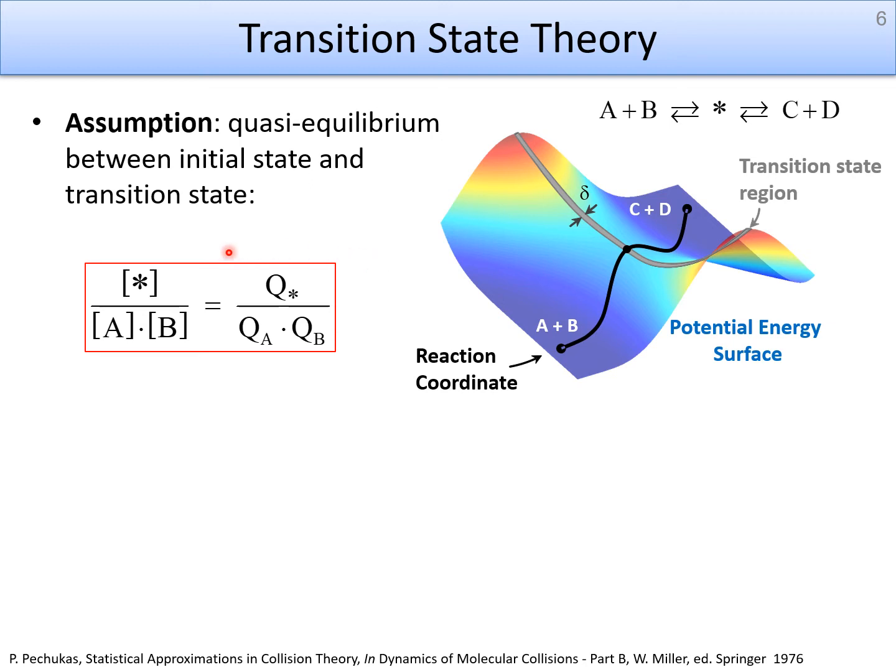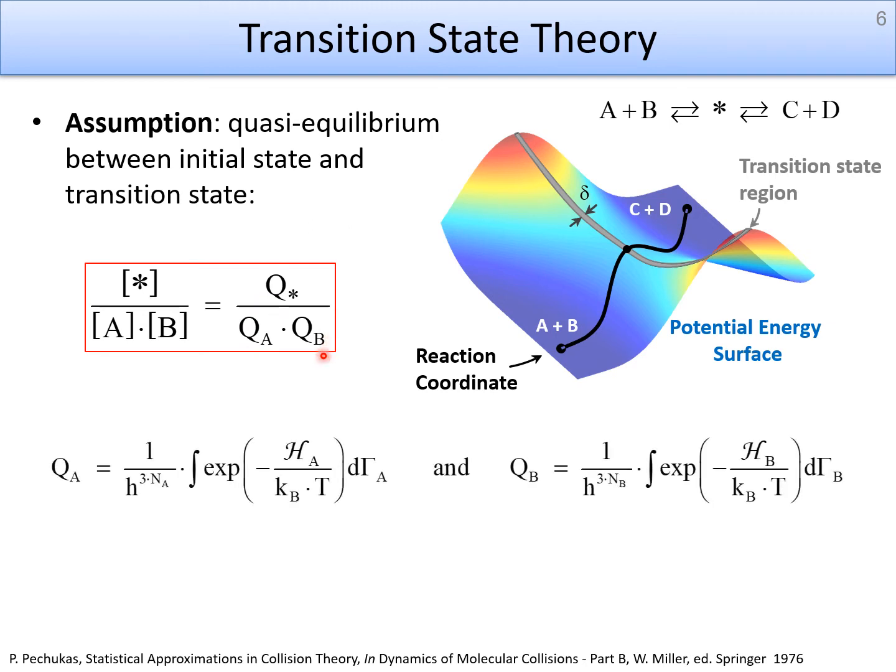This equation basically says that the concentration of activated complexes, right, so the transition state type of configuration, divided by the product of the concentrations of the reactants is simply equal to the partition function of the transition state divided by the product of partition functions of the reactants.